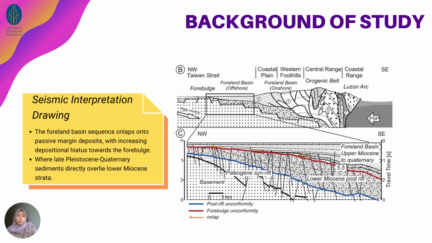Depositional hiatus meaning it's a foreland unconformity. Next, the Pliocene quaternary sediments directly overlay the lower Miocene strata.